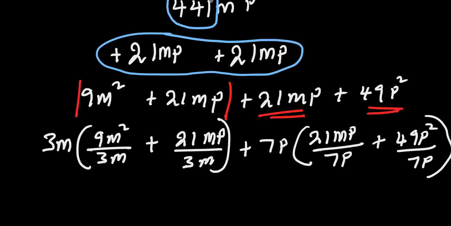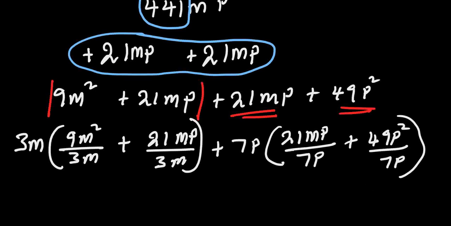So now, 3 divided by 3 is 1, and 9 divided by 3 is 3. M divided by M is 1, and M squared divided by M will give you M. So over here, 3 divided by 3 is 1, into this is 7, and M can simply cancel M from here.